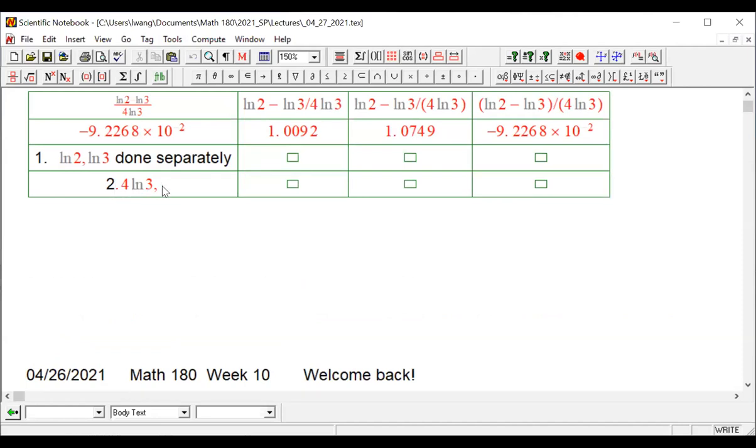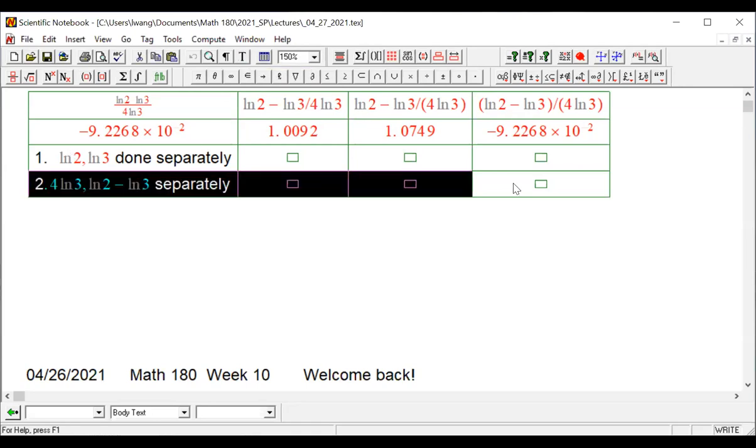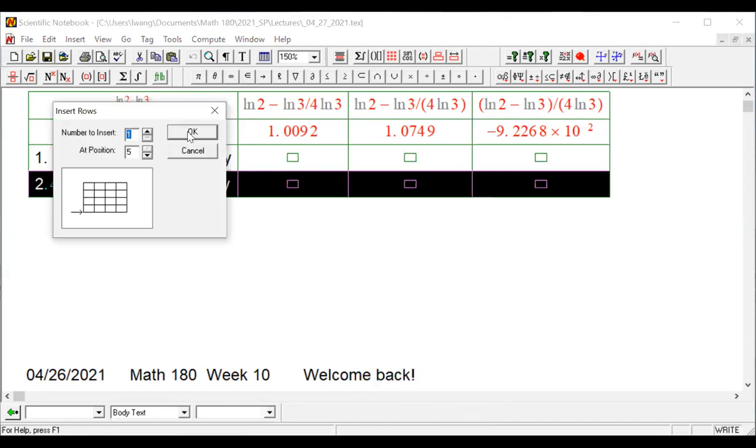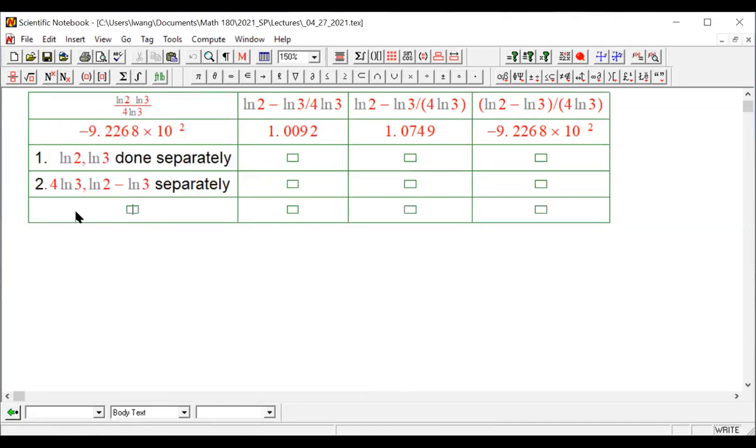And then ln2 minus ln3 separately. Okay, do you follow me? These orders are not absolute.